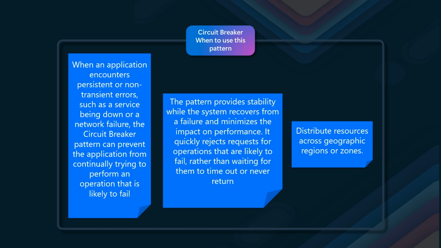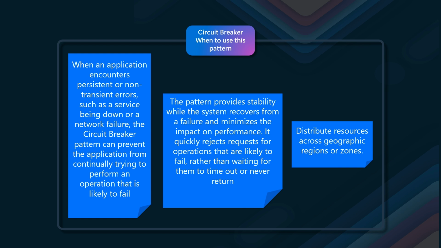The circuit breaker pattern allows the application to periodically test a service to detect when it becomes available again. This can be done on an intermittent basis with long intervals between requests, depending on the criticality of the operation and the nature of the service. Logging and monitoring: the pattern can be used to log all failed requests and monitor the health of the operation.